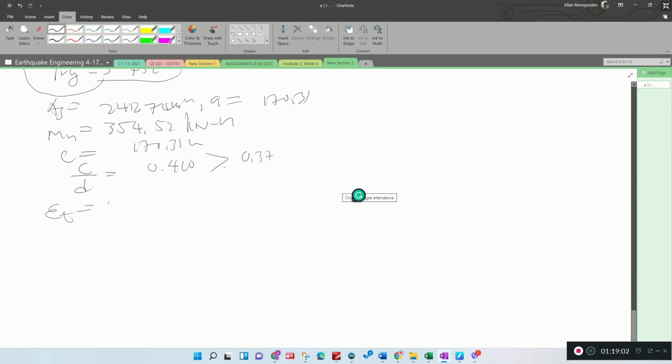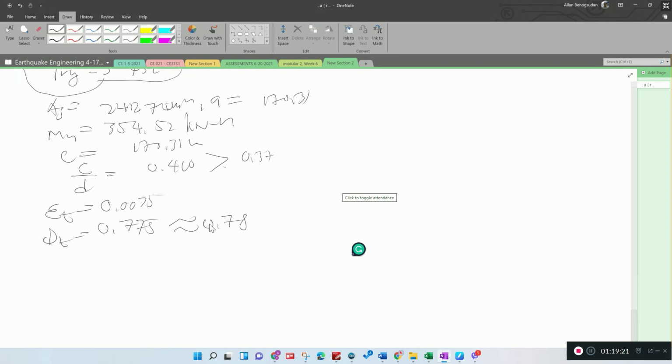I'll just put right away 0.0035, and this one is equal to 0.775. Maybe you can say approximately 0.78. Okay, then your Mn is equal to 276.